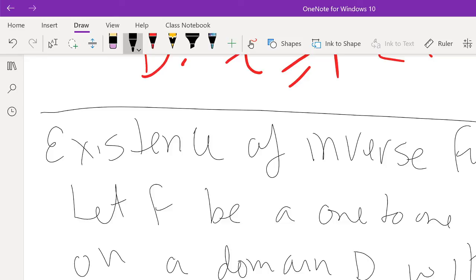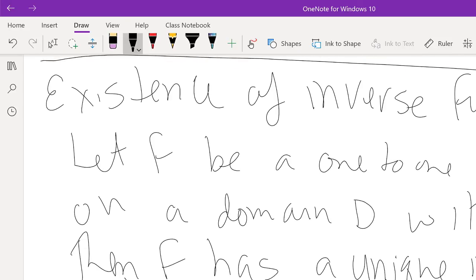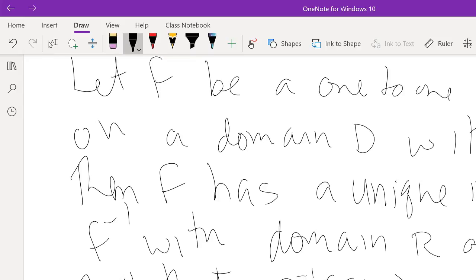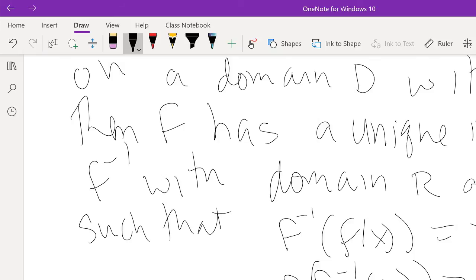f has a unique inverse, so there is only one inverse, f inverse, with domain R and range D. So again, we flip around the domain and the range such that f inverse of f of x is equal to x and f of f inverse of y is equal to y, where x is an element of the set D and y is an element of the set R. Now, in certain cases, they may be all real numbers, but it doesn't have to be.